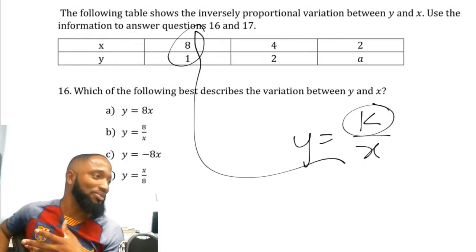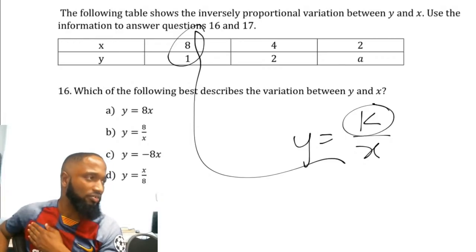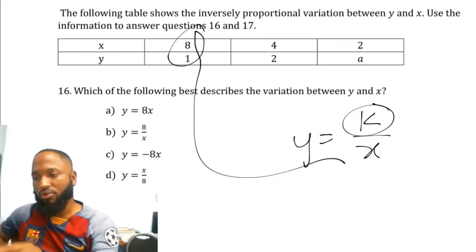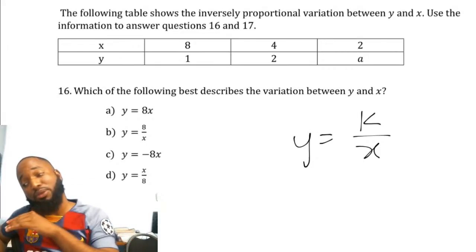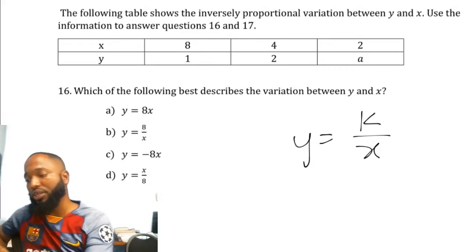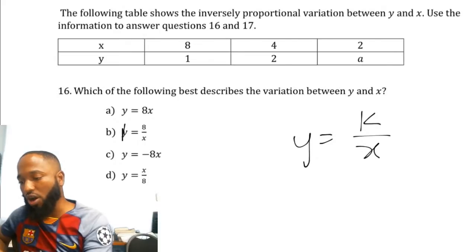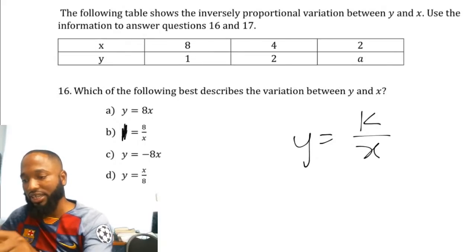But we don't need to find the value of K in this multiple choice. We just need to check and see if it works. So if I put Y is 1 here and X is 8 here, 8 over 8 is 1, so it works.